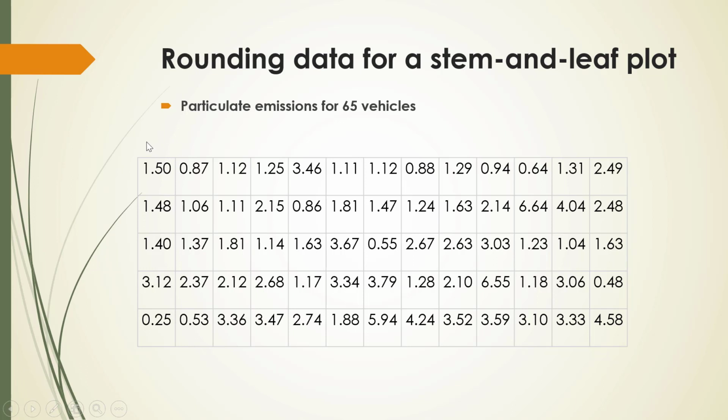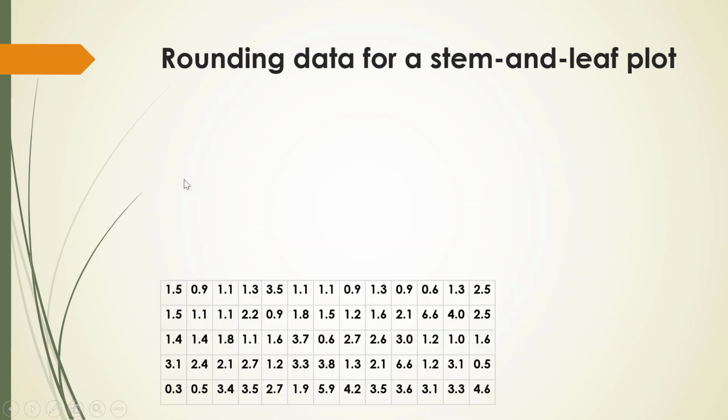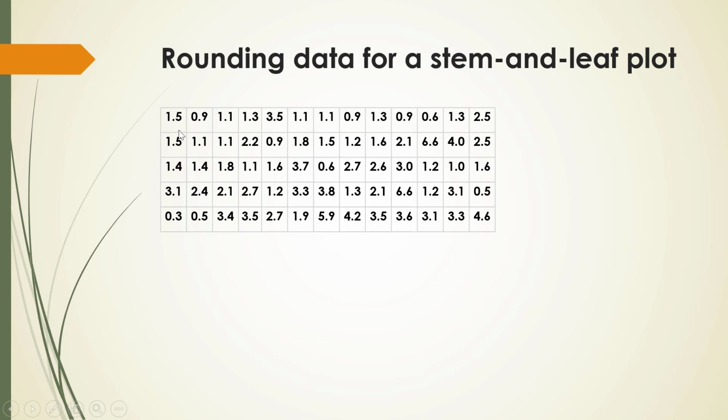If you construct stem and leaf plots using this dataset and use 1 as a stem, 5 and 0 become the leaves. It becomes very confusing. So we need to round them to 1 decimal place. After we round the dataset to 1 decimal, we have a new dataset.